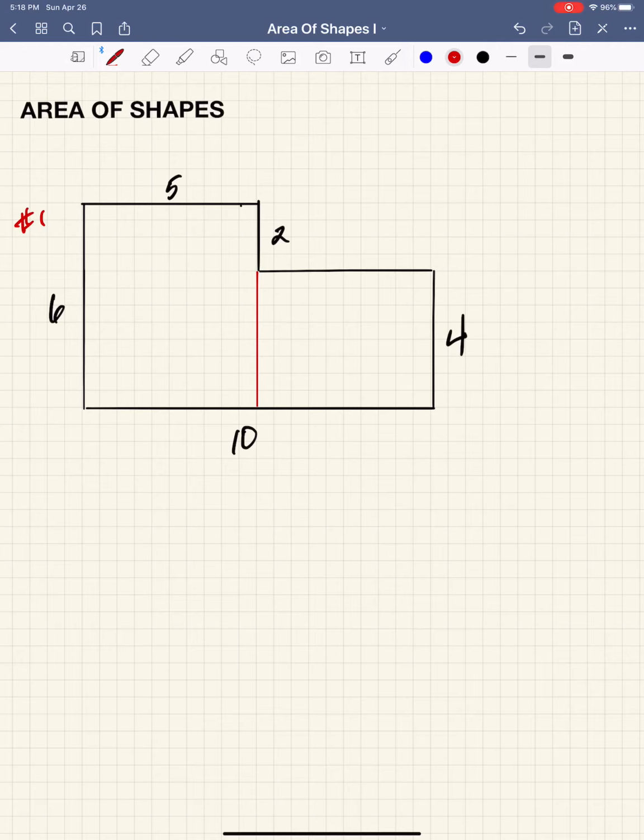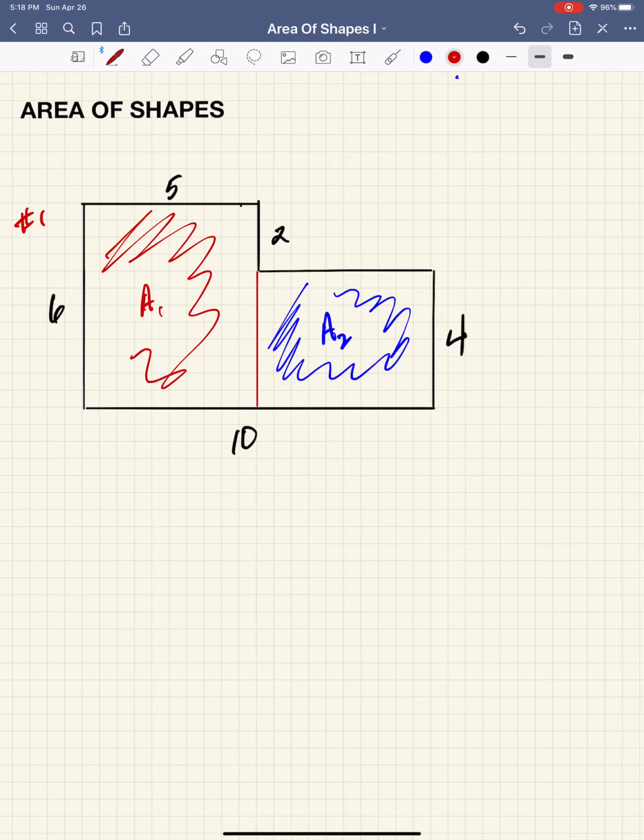Here's rectangle number one. I'm going to find the area of this rectangle and area number two over here. And if I find the area of number two, and I add them together, then I'm going to have the area for the entire shape.